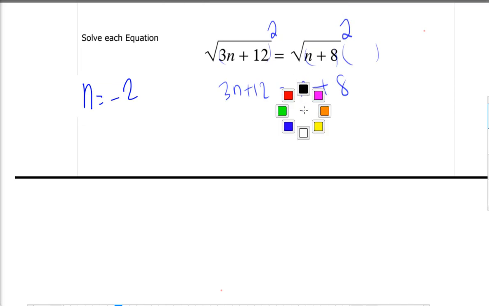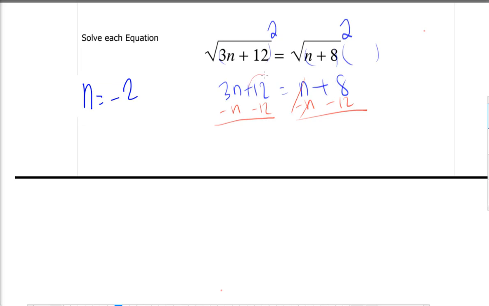So we're going to subtract n on the left and n on the right. Okay, so all my n's are going to end up on the left. So if I'm adding 12, I'm going to subtract 12. Okay, so I'm going to subtract 12 on the left and 12 on the right.